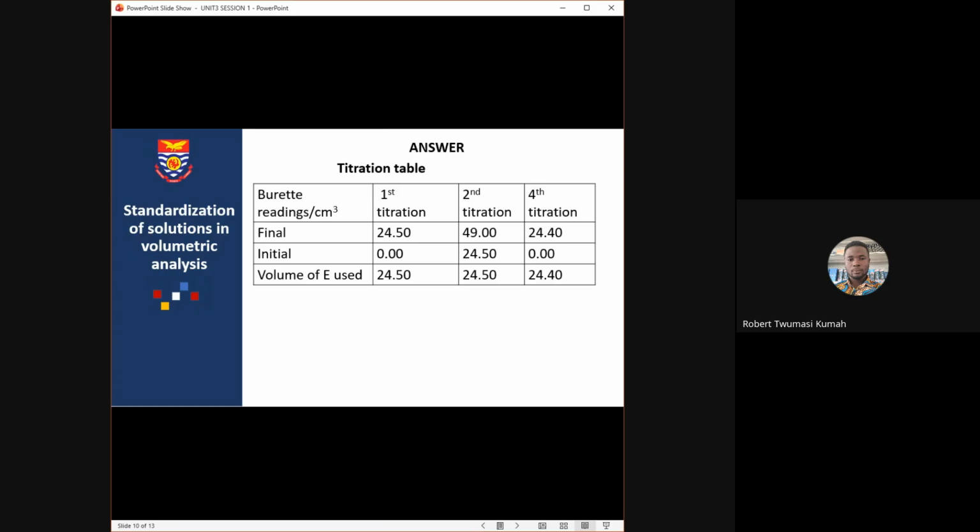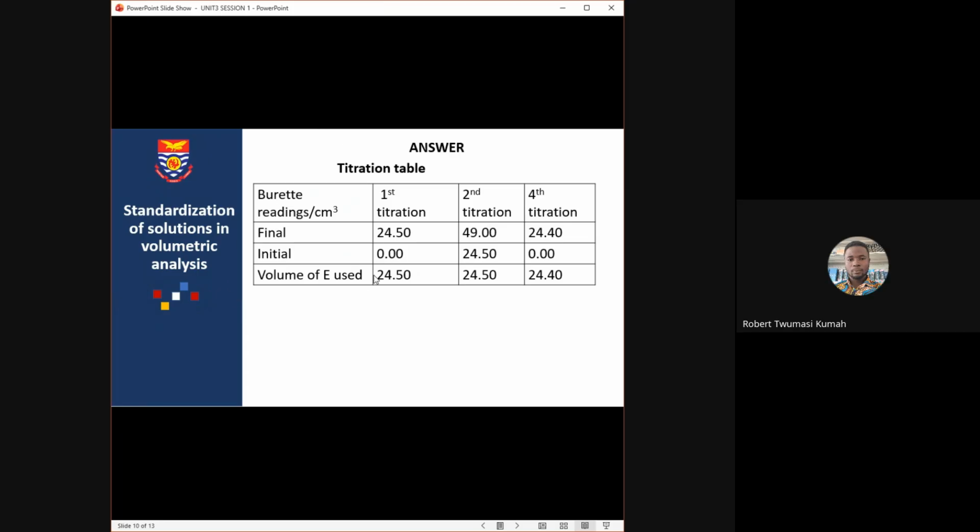Yes, George. Please, are you talking about the average titer? Yeah, which values would you use in your average titer? I will use all the three. That is the 24.5, 24.5, and then 24.40, and then divide it by 3.